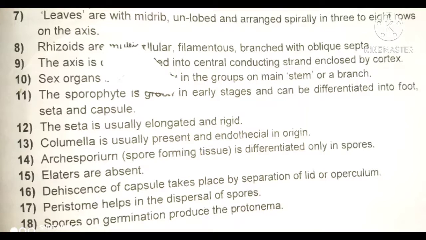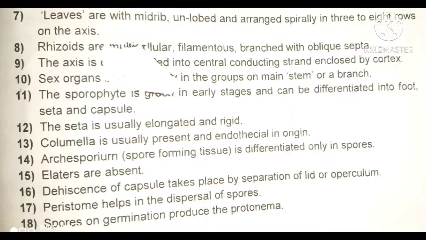cortex. In Bryopsida or Musci, the reproductive structures are present at the terminal position on the same gametophyte or on different gametophytes. These structures are present respectively on the antheridial head and archegonial head.